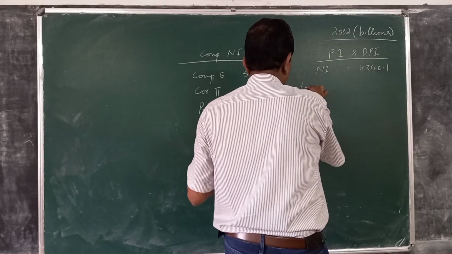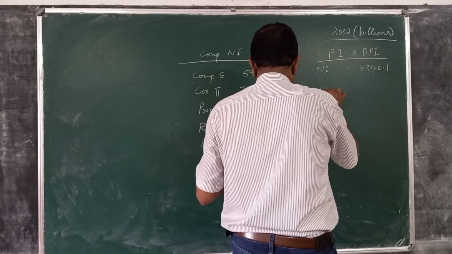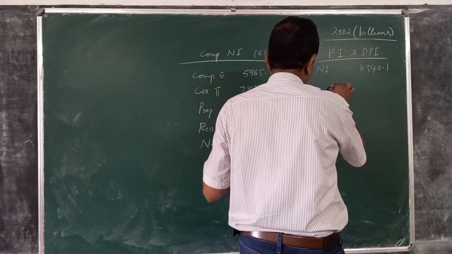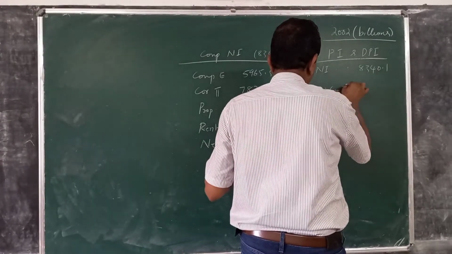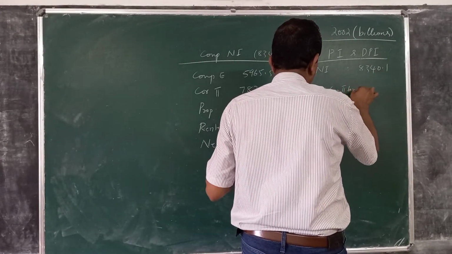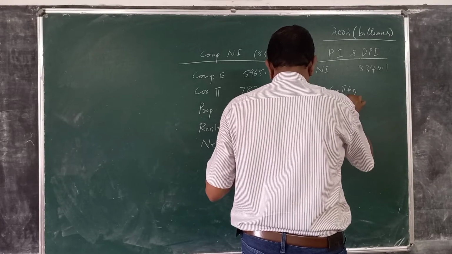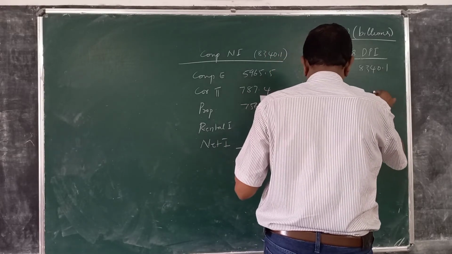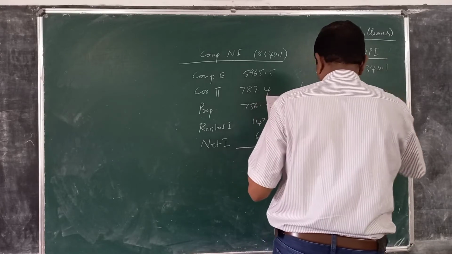From national income we subtract corporate profit tax, undistributed profit, valuation adjustment, etc., 353.8.